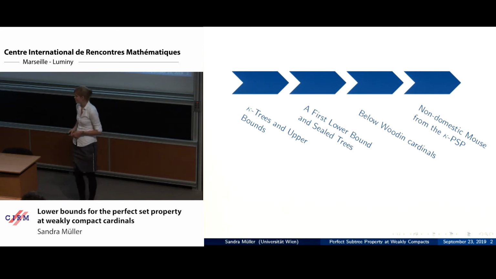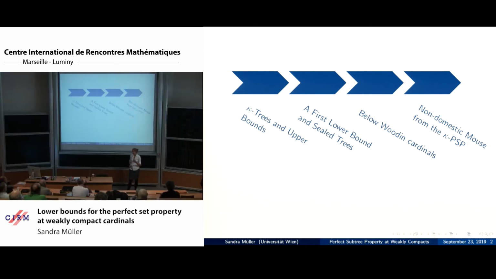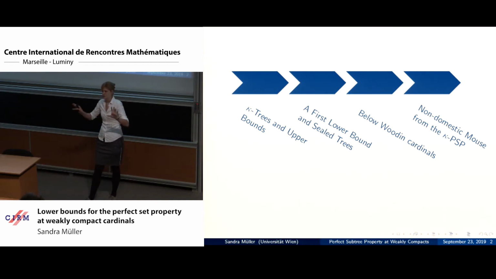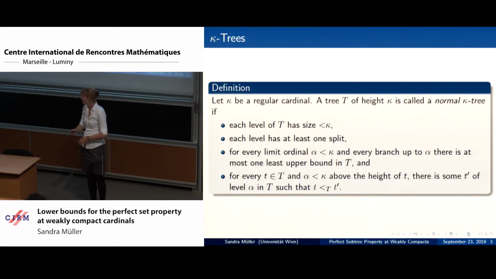And then we will go more in the inner model theoretic direction. The two main results are the first one, what happens in the context below a Woodin cardinal, and the second one, I will show that we can get a non-domestic mouse from the kappa perfect subtree property. And I will define what that is somewhere along the way. All of this is joint work with Yair Hayut.